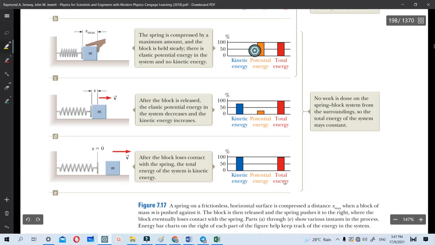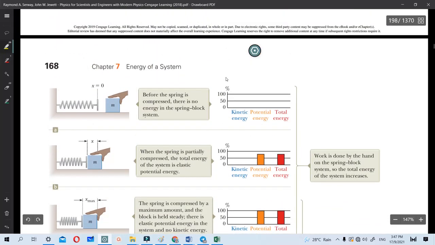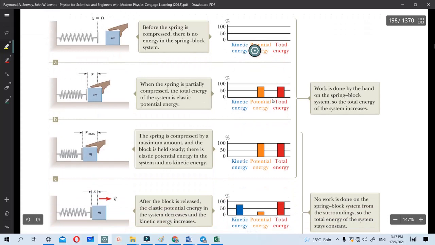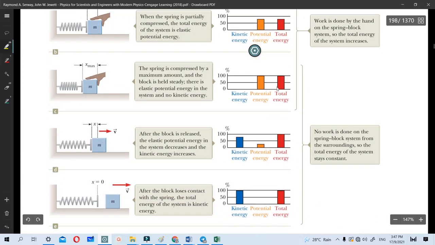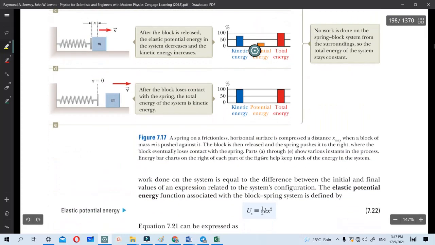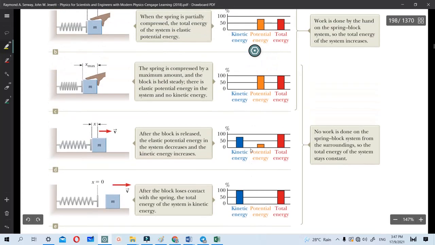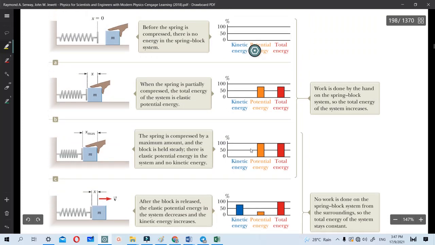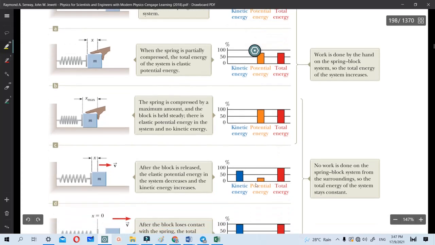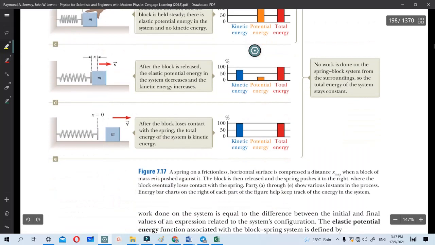So look at the total energy, 100, 100, 100. Okay, sorry, here is not 100 yet. So they were trying to correlate that while the object is being compressed, the amount of energy remains the same. It's just that they change the amount.